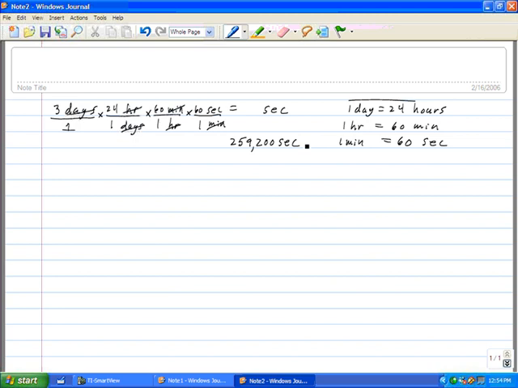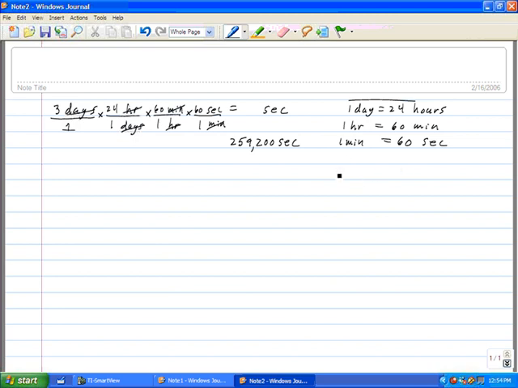Now we can use other units besides these more familiar time units. For example, you can convert from cubic inches to cubic feet to cubic yards and other types of three-dimensional units. If we want to do that type of conversion, we can use the equivalencies we already know.